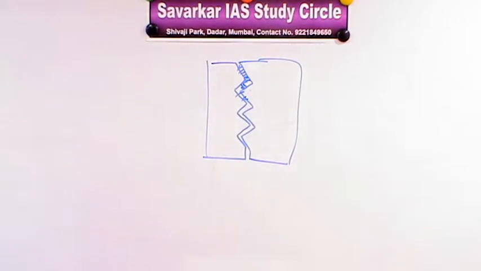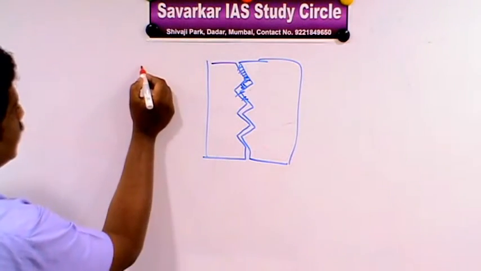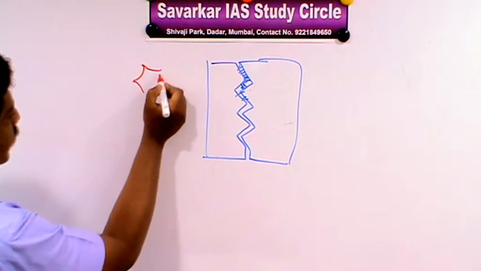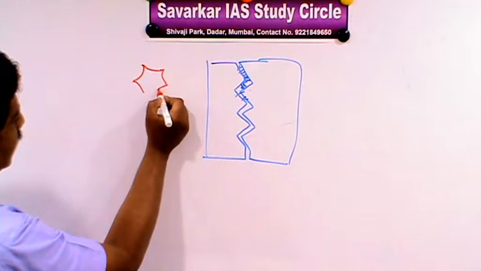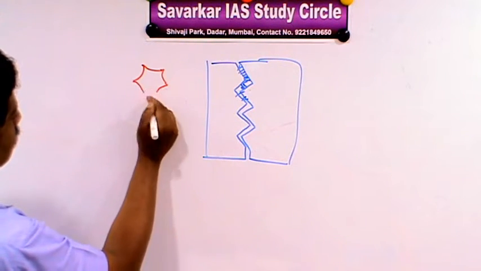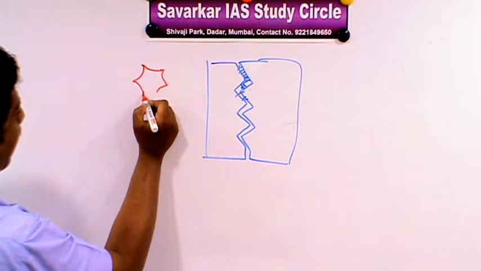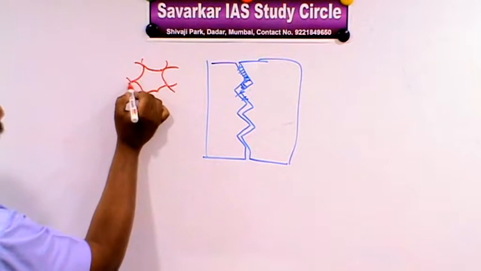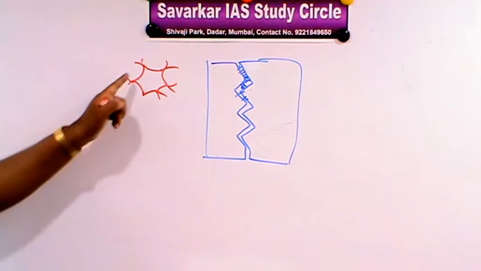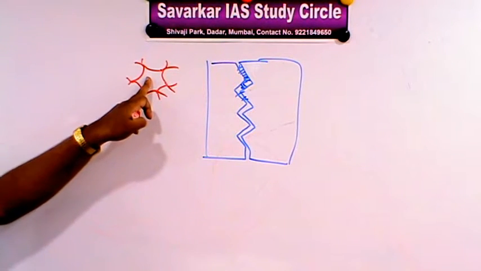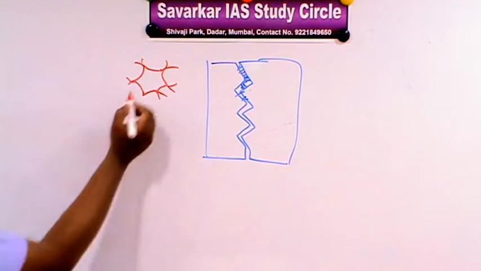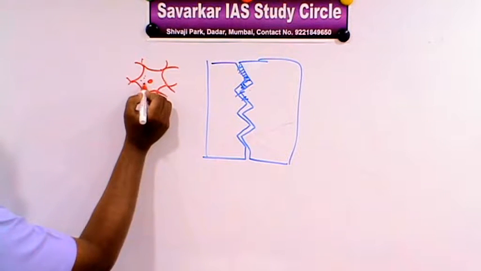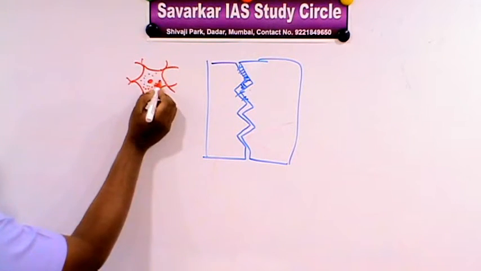Now, prior to discussing that, I must show you the nerve cell. So here I am showing a diagram of a nerve cell. Usually we say it is a hexagonal part like this. This is the nerve cell, the actual cell body, which has a nucleus and grey colored matter.